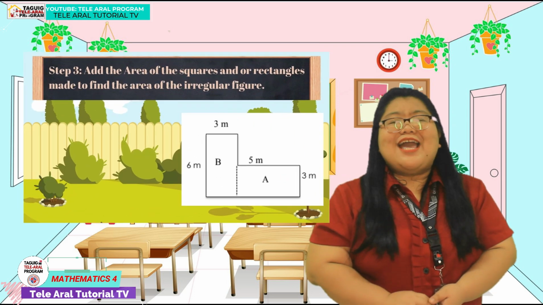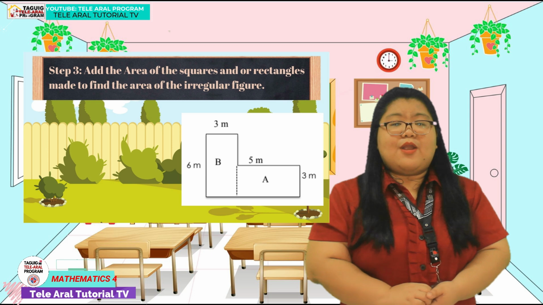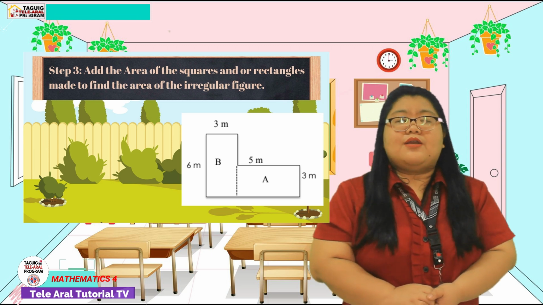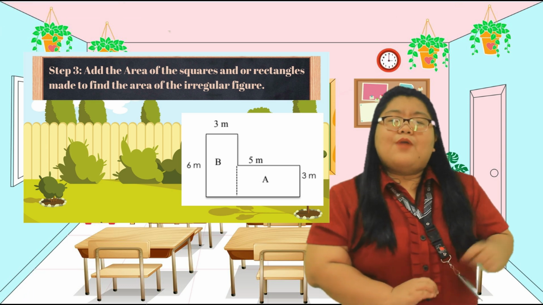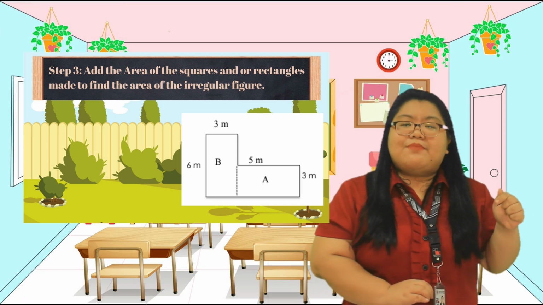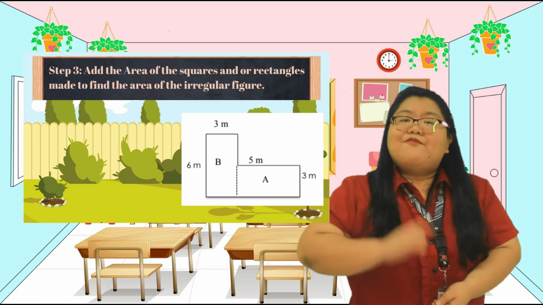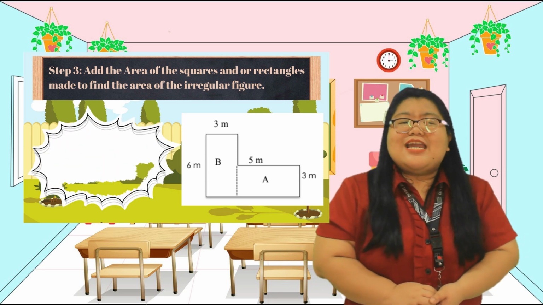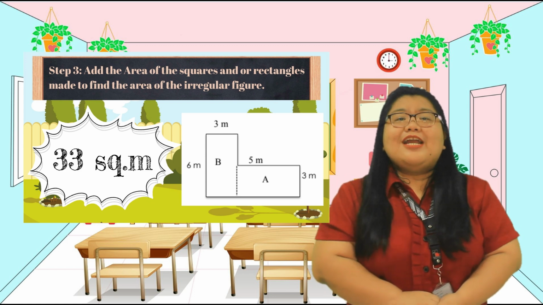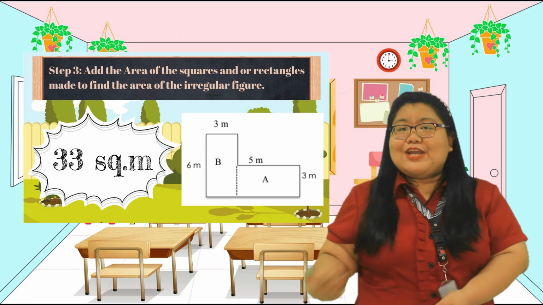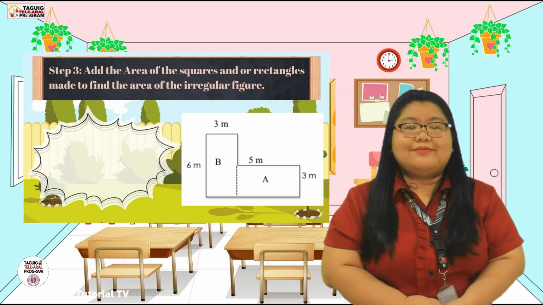You got it right! We will add 15 square meters and 18 square meters, and what will be the answer? Write your answer on the comment section below. Fantastic! The answer is 33 square meters. Therefore, the area of their garden is 33 square meters.